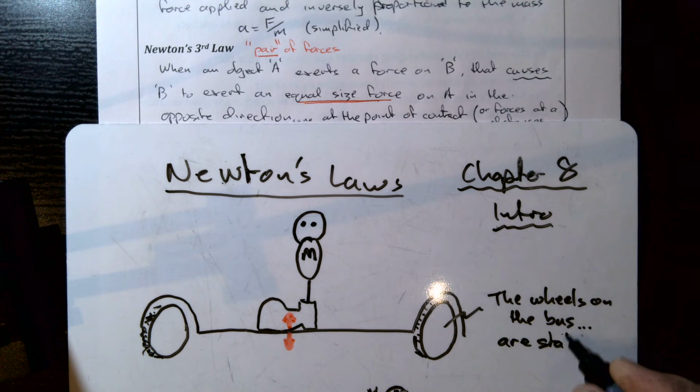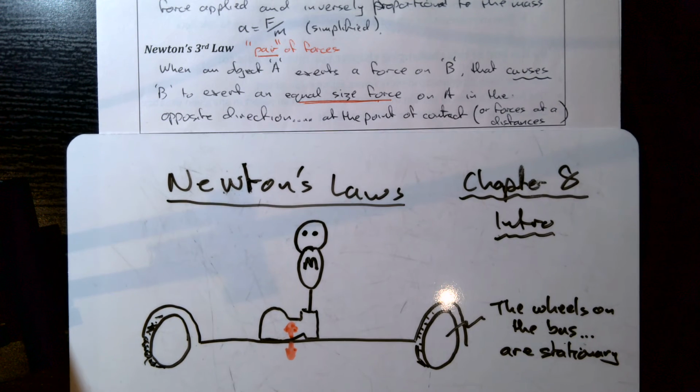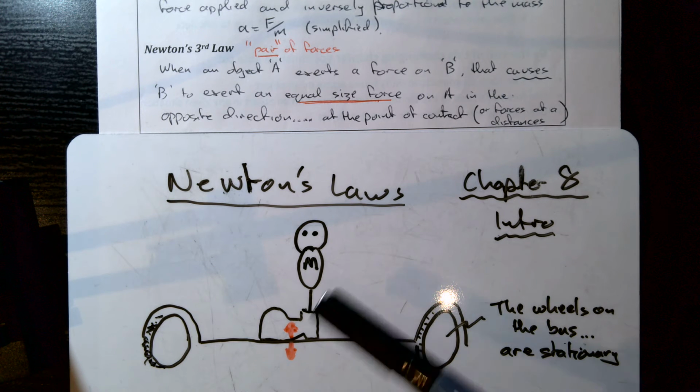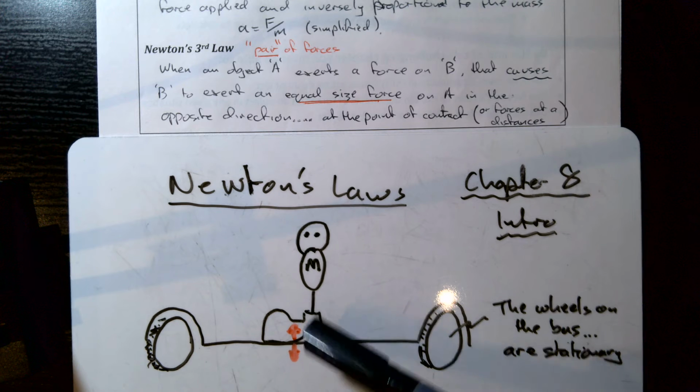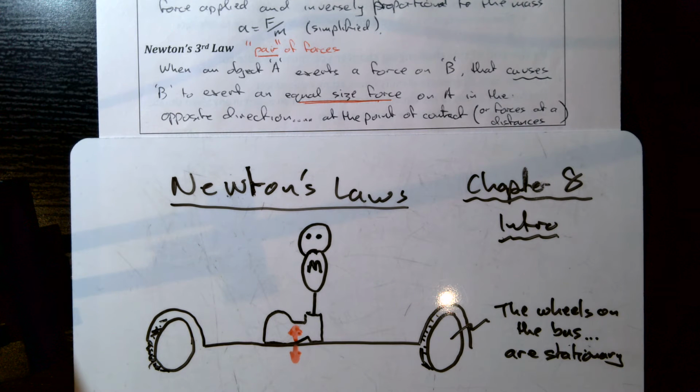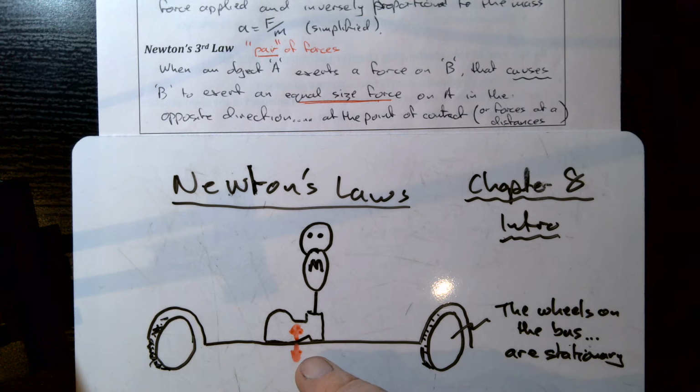So, if they're stationary, then what happens is you're stood on the bus. You get onto the bus, you pay your money, you stand there in your big shoes, and you are pushing on the ground, and the deck of the bus is pushing back equally as much.